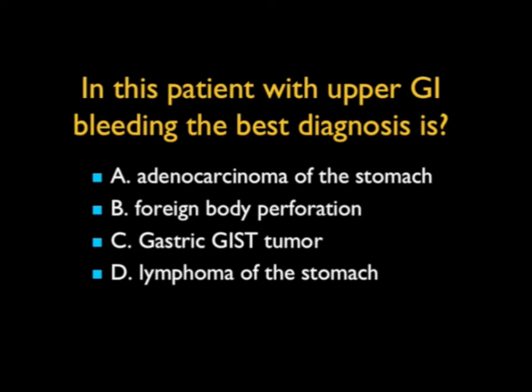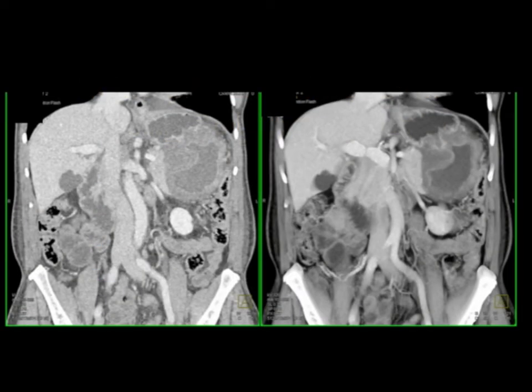This patient had upper GI bleeding, and I asked for the best diagnosis. When you look at the 2 images, the coronal and the 3D volume rendering, you see the stomach, and then there's a large exophytic mass with ulceration, diffusely thickened. Could this be an adenocarcinoma that perforated? I guess theoretically. Could this be lymphoma that perforated? I guess theoretically.